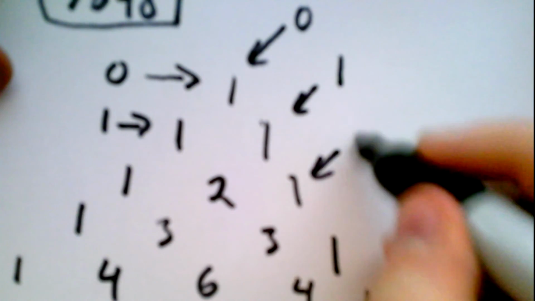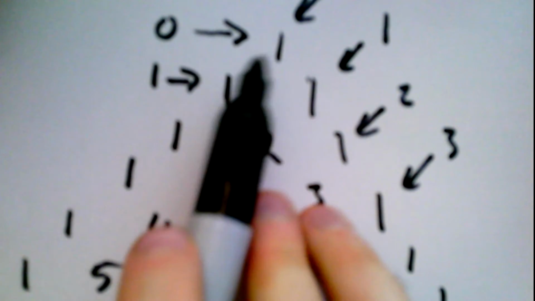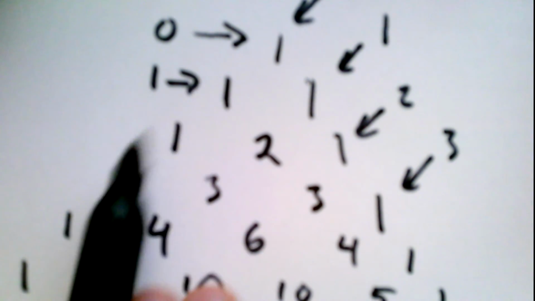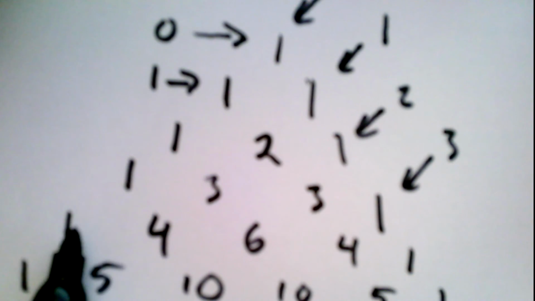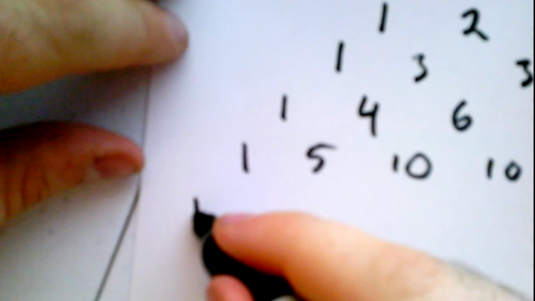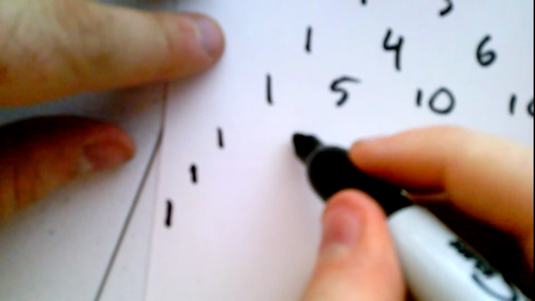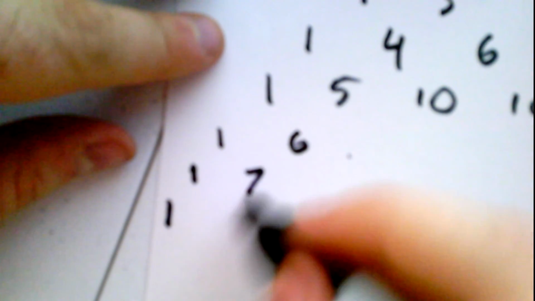This is the 2nd. This is the 3rd. So if I go 0, 1, 2, 3, 4, 5, we want to go 6, 7, 8. This entry is 6, this one is 7, this one is 8.